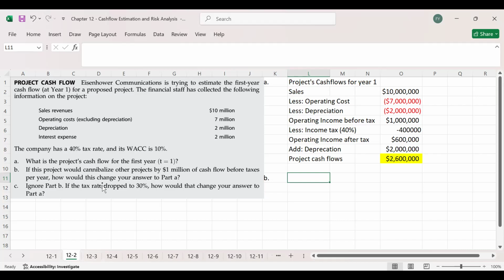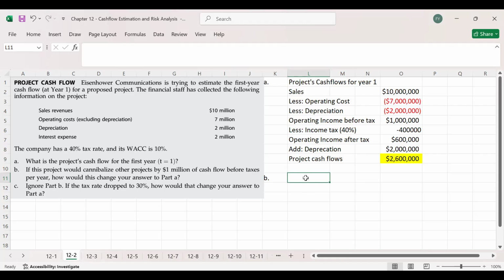Now, we have discussed the concept of cannibalize, which means a situation when a project reduces cash flows that the firm would otherwise have had. This means that because of this project, 1 million cash flows are decreasing, and this is before tax.